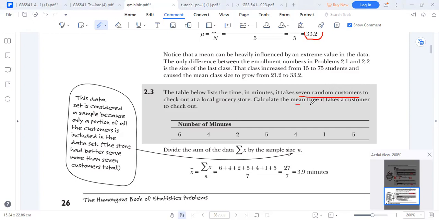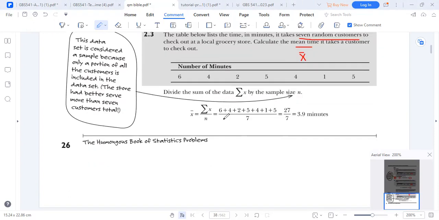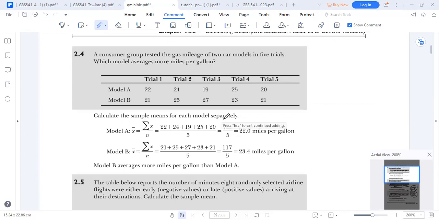So the mean is going to be called X bar because that is just a sample of the number of customers that you have. So you add them, this plus that, plus that, plus that, plus that, divided by what? 7, which is the 3.9. So this is called sample mean, which is X bar. So you need to know the distinction between the two.